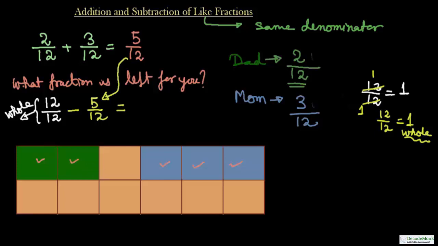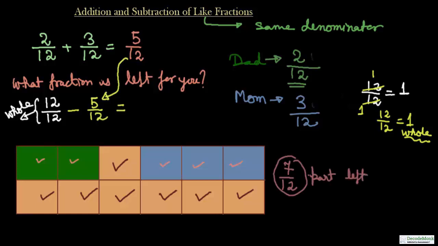Let us count the number of units left for you: 1, 2, 3, 4, 5, 6, 7. So we can see that 7 out of 12 units are left. So 7 by 12 is the fraction left for you. You have arrived at this answer after viewing this picture of the Cadbury bar and counting the number of parts left.